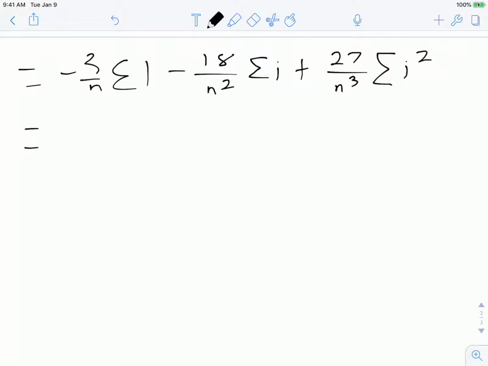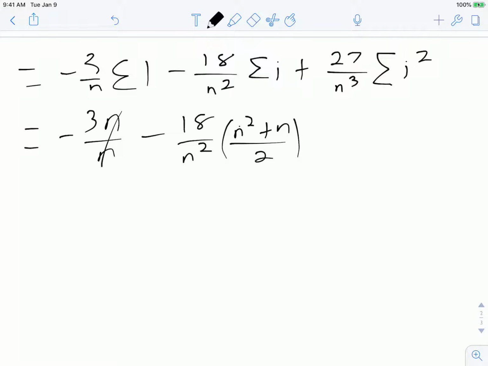All right, so let's go through. The way we evaluate a constant is just n. So this is just negative 3n over n, which is really just negative 3. The sum from i equals 1 to n of i goes to n squared plus n over 2.